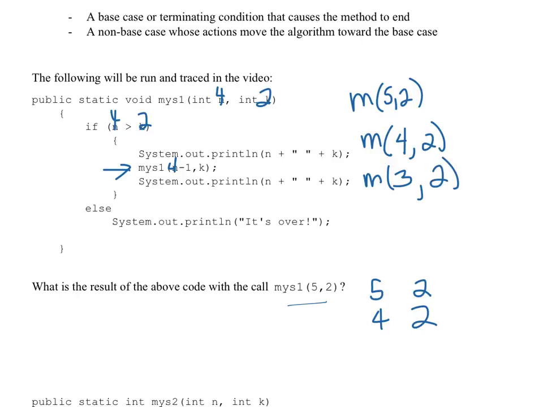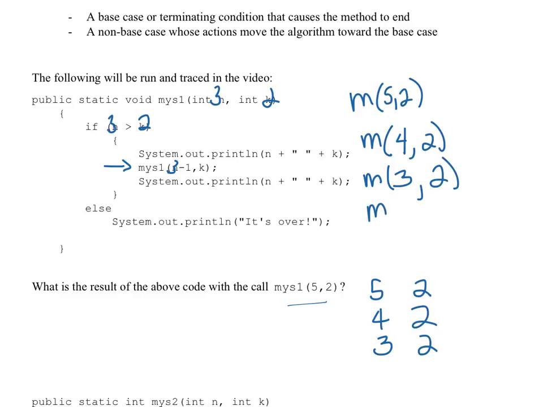So now I'm calling M, mystery 3, 2. So this is 3, this is 2, this is still good. So it comes in here, outputs 3, 2. Then it calls itself, where n is 3.